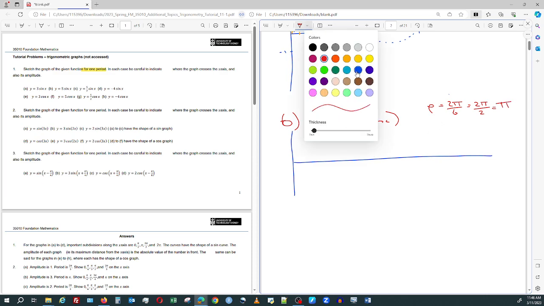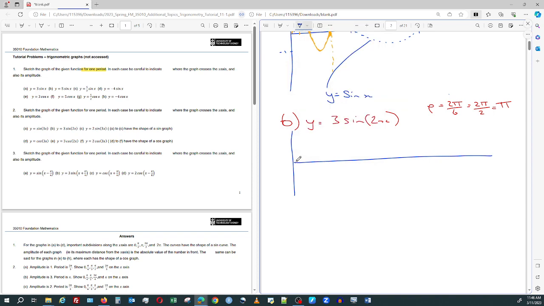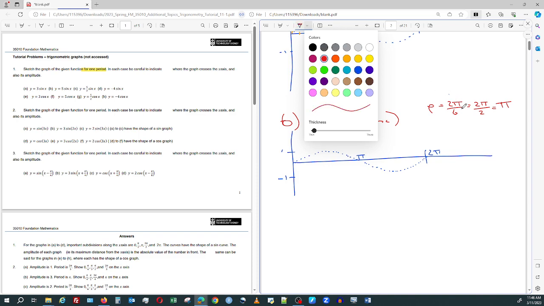So we'll put our 2 pi, 1, minus 1, okay? Just humour me. It's just easier until you build your intuition up to robust, resilient heights.